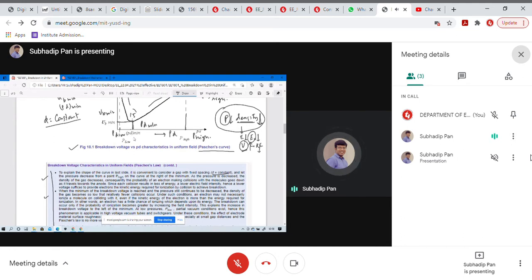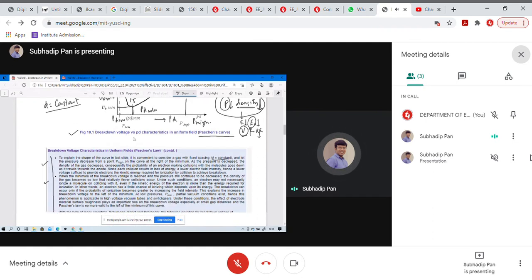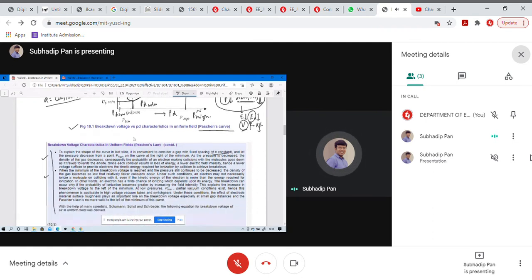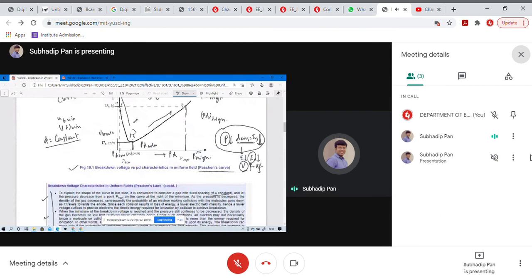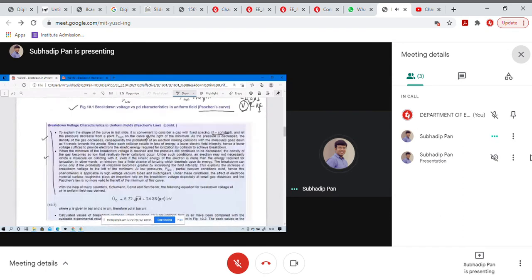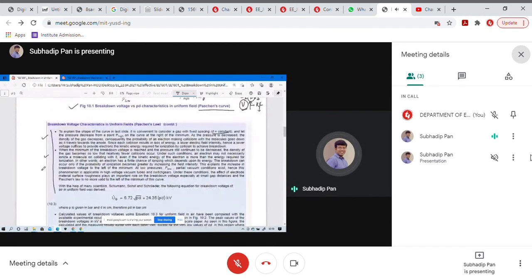So the next characteristic, what is shown in this particular breakdown graph. The next point is with the minimum of the breakdown voltage. Whenever we get the minimum value of the breakdown voltage, if it is reached, then the pressure will still continue to decrease.